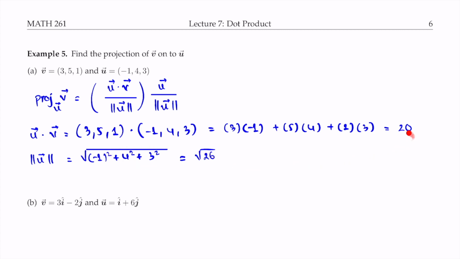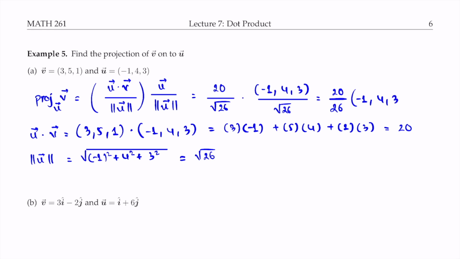You're going to substitute this information into our formula, and you get the dot product is 20 over root 26 times, this is regular multiplication, vector u, which is negative 1, 4, 3 divided by root 26, or I get 20 over 26 times negative 1, 4, 3.